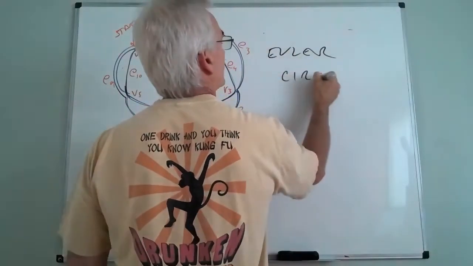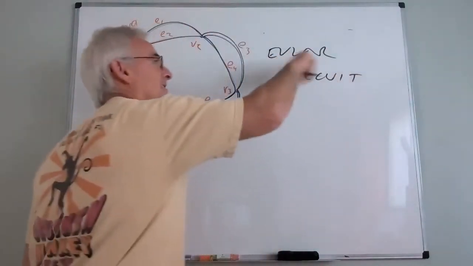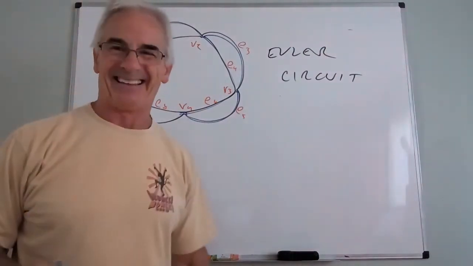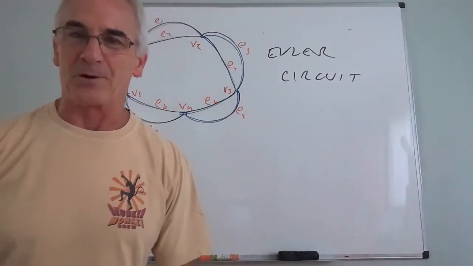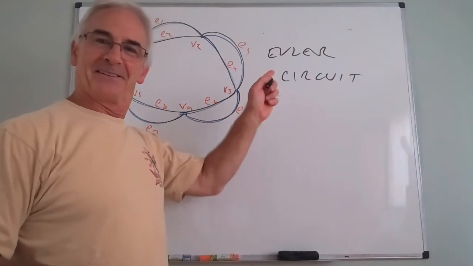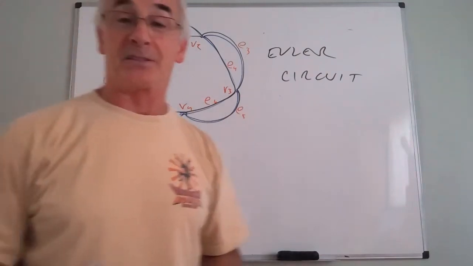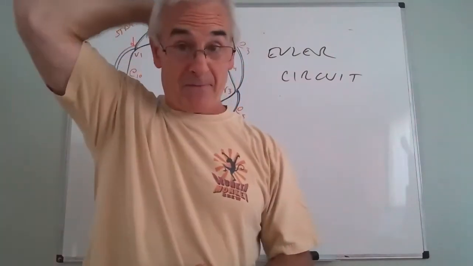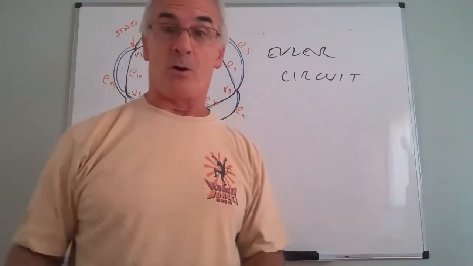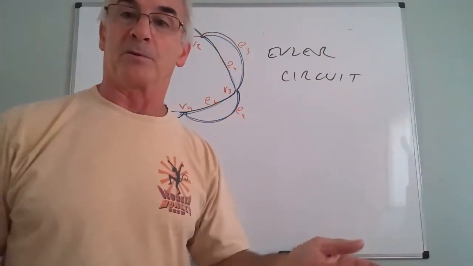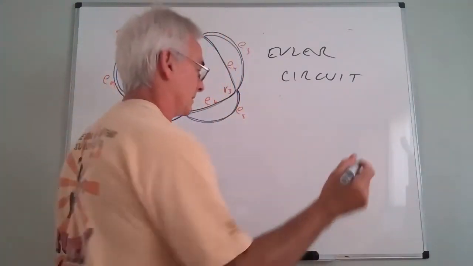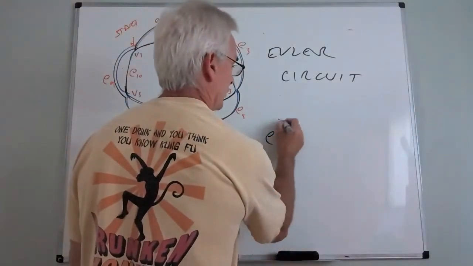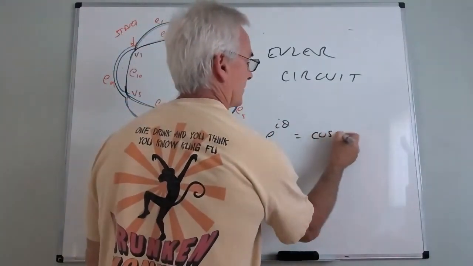This is called... does anybody know how to say that guy's name? Very important person. Euler. If you're in my class, I always point out this. He's one of my favorite mathematicians. He lived a long time ago. His contributions were unbelievable. I'll give you a hint: he has one of the most important formulas in all of mathematics.